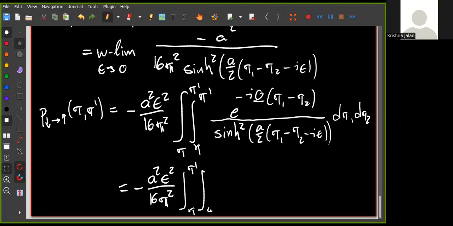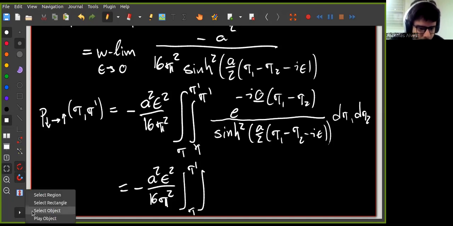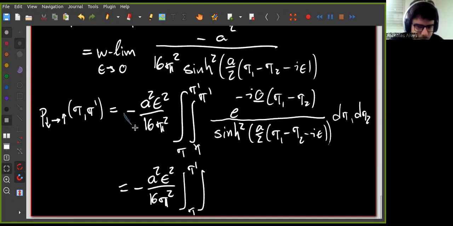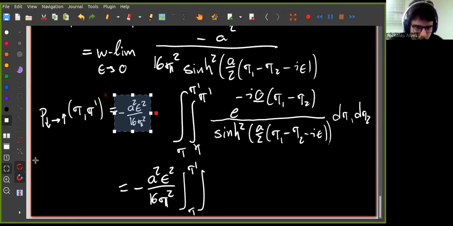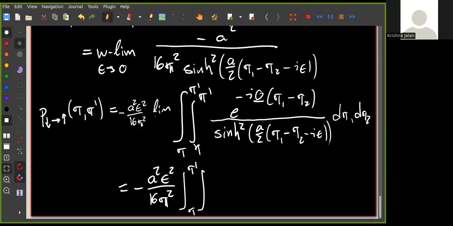What happens to the limit? The limit is still there, but it now becomes a regular limit outside of the integral. Sorry, could you recall what the limit was?